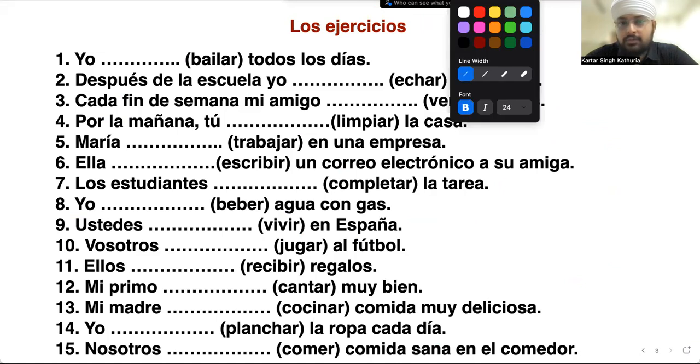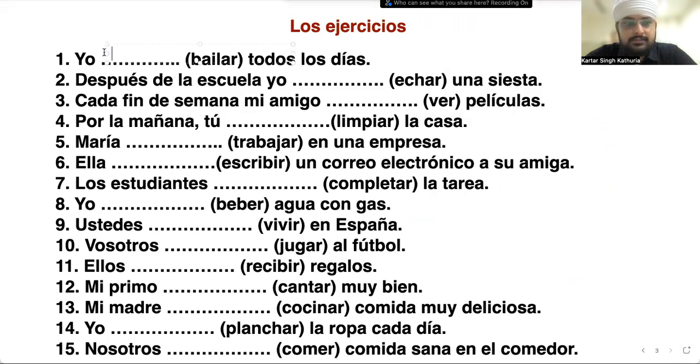And now I'm going to quickly give the solutions. Let's match if you have got it correct or not. Here it's yo, mi amigo, it's my friend, it's not me, third person, ve. Two, second person, limpias. María trabaja. Ella escribe.